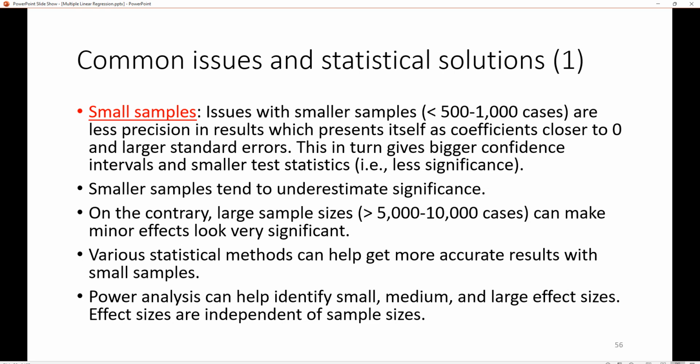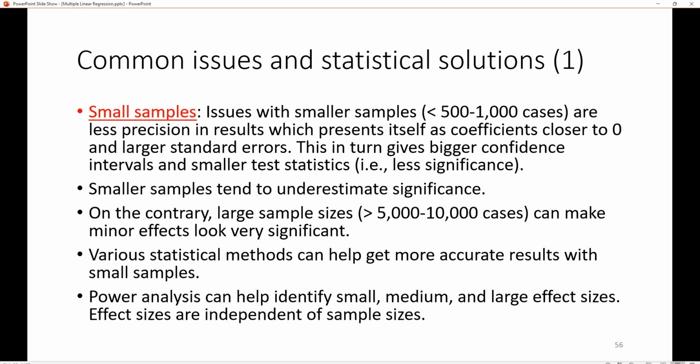Issues with smaller samples, samples less than 500 to 1,000 cases, vary by the type of study. The issues are that we have less precision in results, which presents itself as coefficients closer to zero, meaning a smaller effect, and larger standard errors. And standard error is the denominator part of our t-statistic, which we use to determine significance.